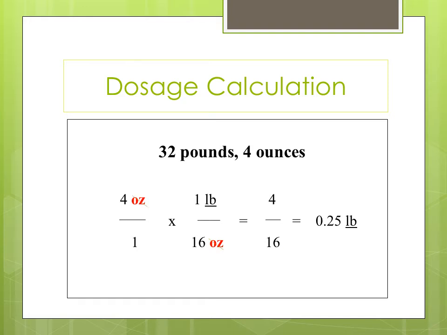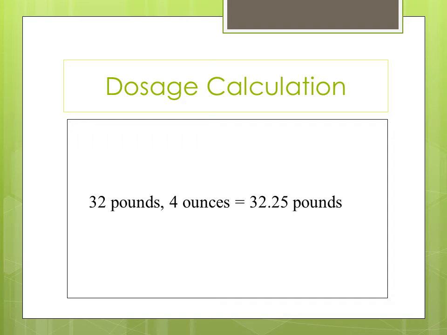By crossing out ounces, we are left with the desired indicator, pounds. Now we simply multiply across the top and multiply across the bottom, and then divide the answer to change it to the decimal form.